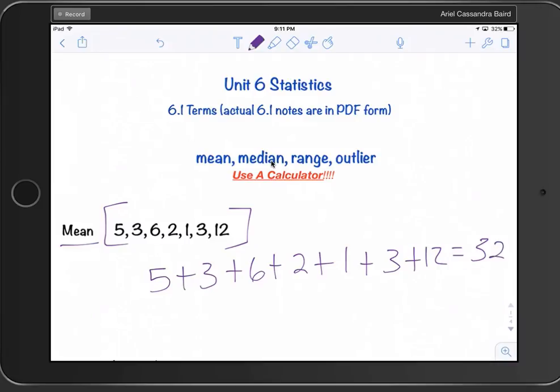And then we count how many terms we actually have: 1, 2, 3, 4, 5, 6, and 7. So we take the total that we added together and divide by 7, which equals 4.57. Again, a good reason why we use a calculator. So the mean is 4.57.